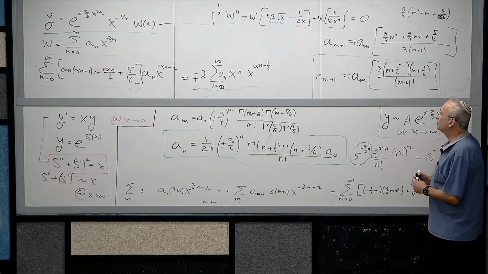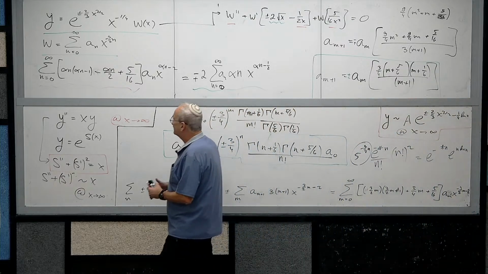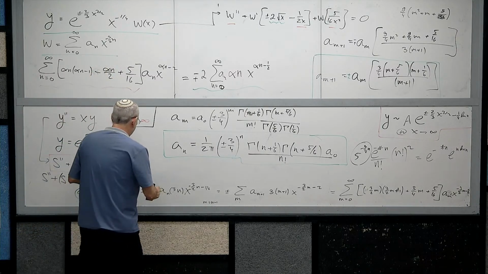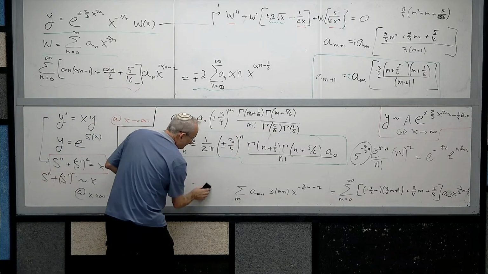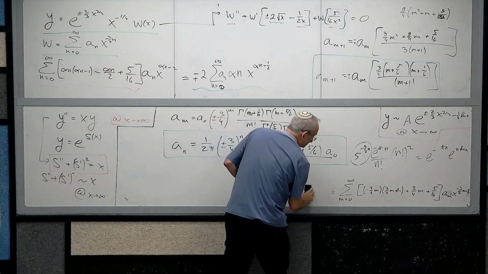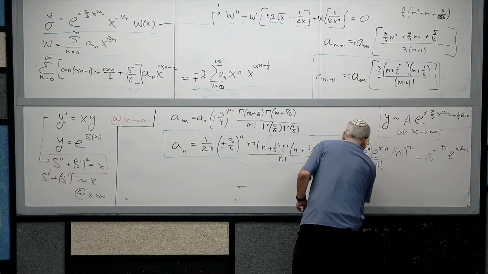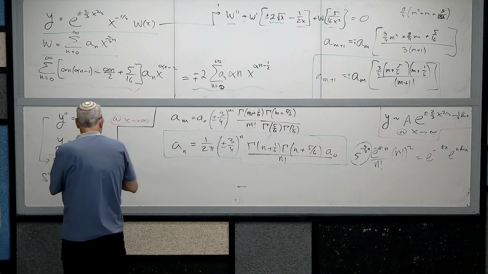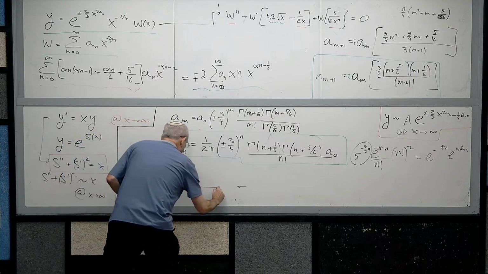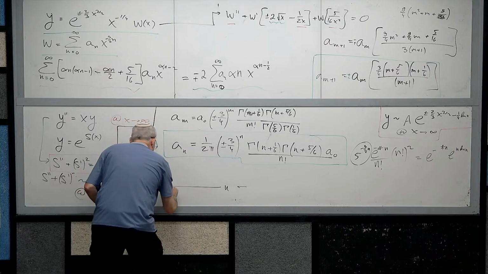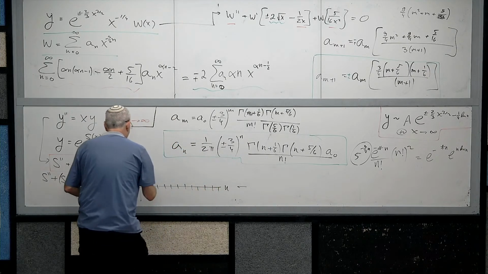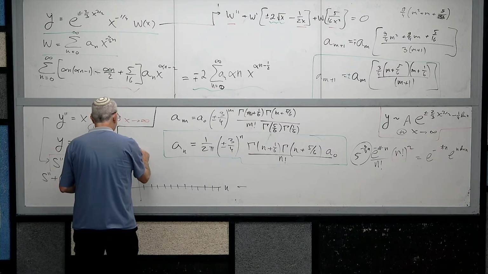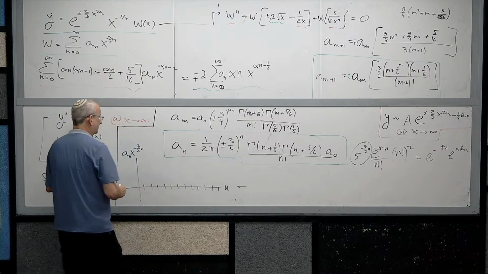Okay? So in general, when I am looking at this power series term by term, the behavior will be like that. Now I would like to plot. This is n equals 1, 2, 3, 4, 5, and so on. And this is a_n times x to the minus 3/2 n.